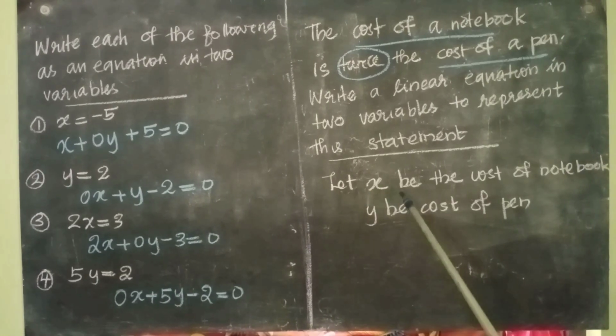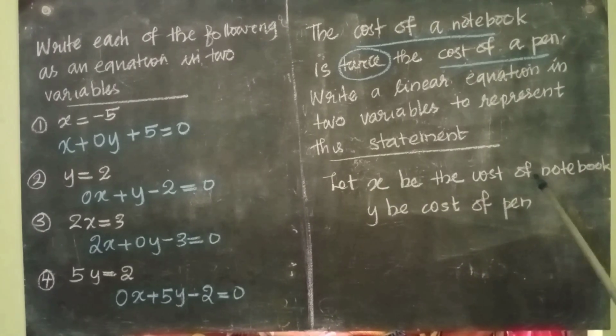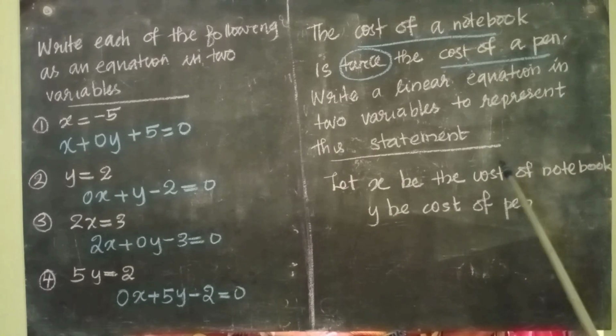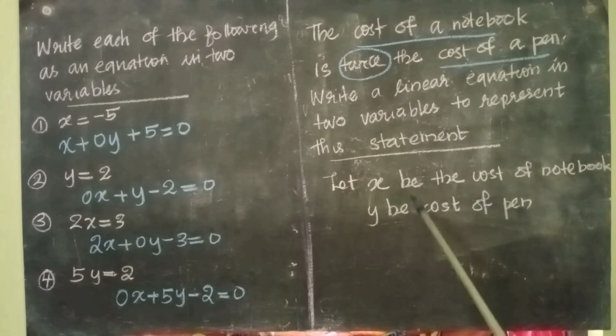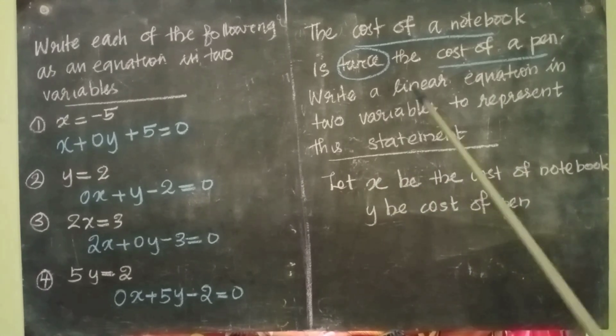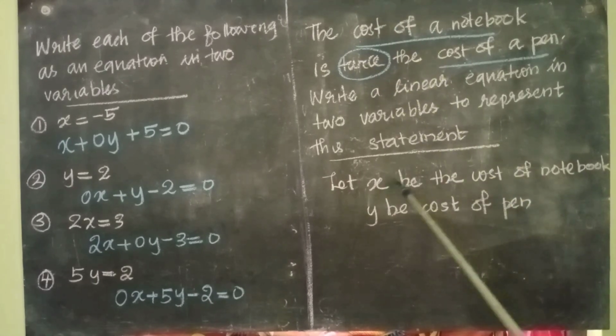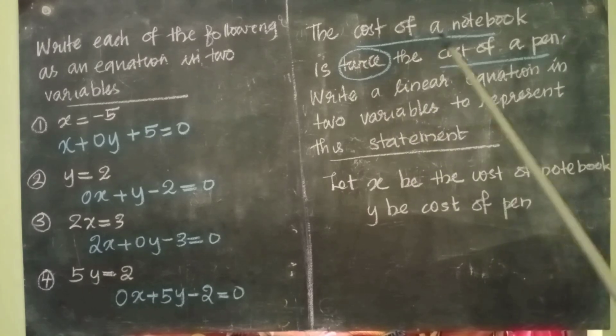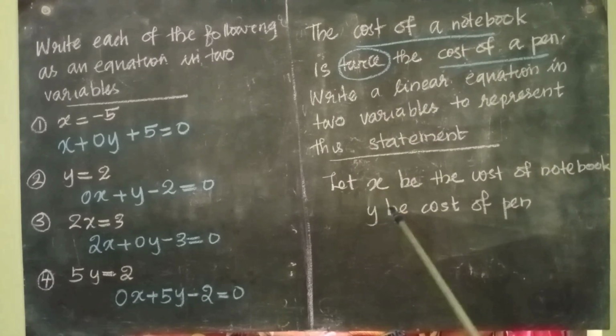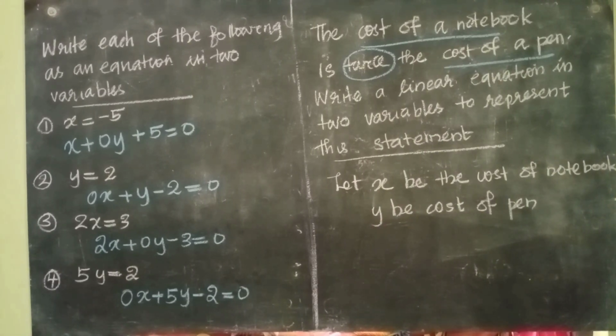So let us consider x be the cost of the notebook and y be the cost of the pen. Anything you can take as the cost of notebook and cost of pen, any variable. Here I have taken x as the cost of the notebook, y as the cost of the pen. So according to the condition, what can we write? The cost of the notebook, that is x, is 2 times the cost of the pen. X is 2 times y.